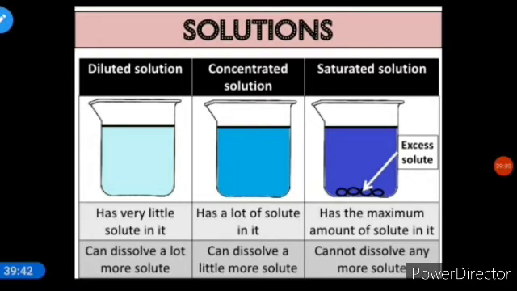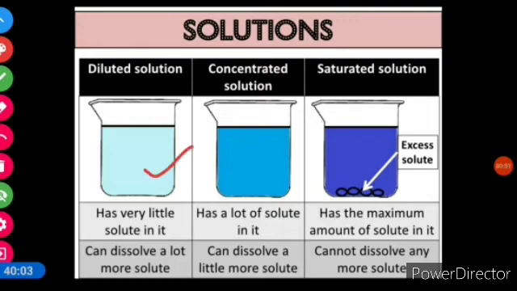Here I am showing some solutions. The first solution is a diluted solution. When do we call a solution diluted? When we dissolve a little solute in it, then it is a diluted solution.